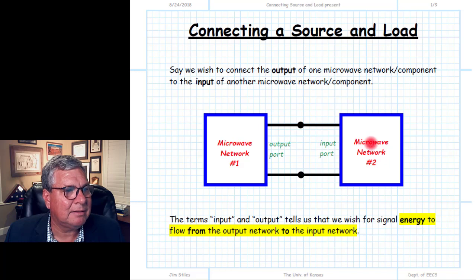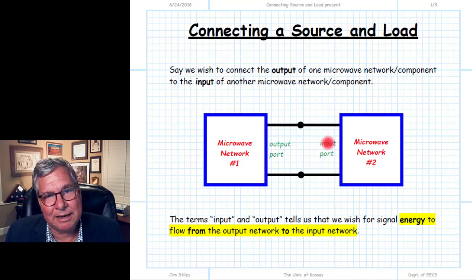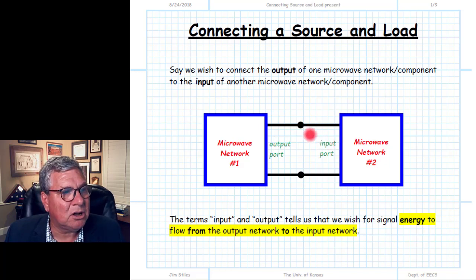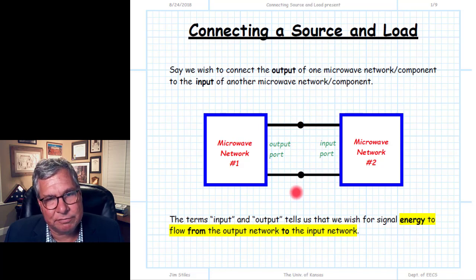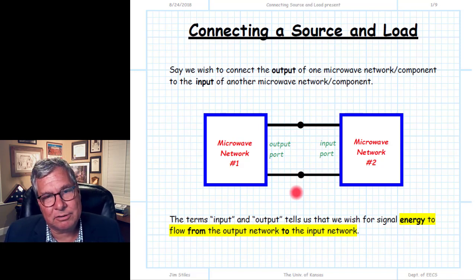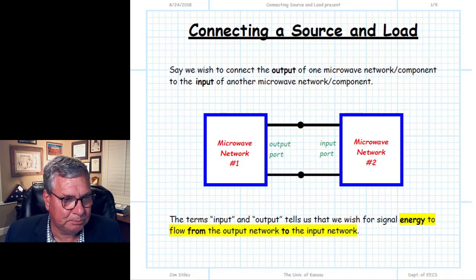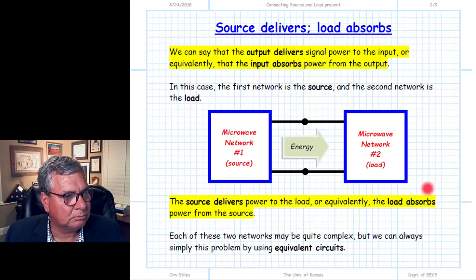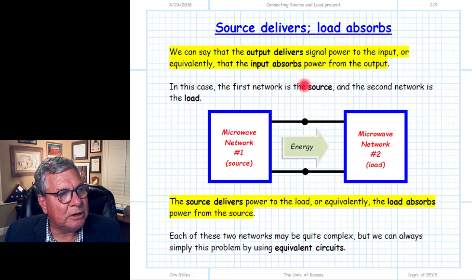Now, how to define the difference between the output and the input? We do that by looking at the rate of energy flow across the interface between these two ports. So more specifically, we're going to look at the direction of energy flow. If we look at the direction in which energy is flowing in this circuit, we find that energy is flowing out of one device and into the other.